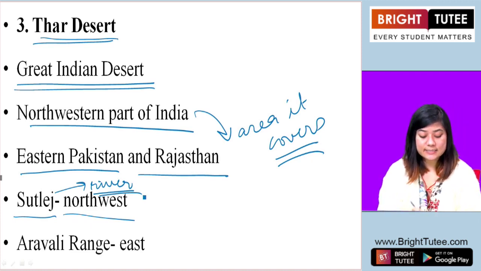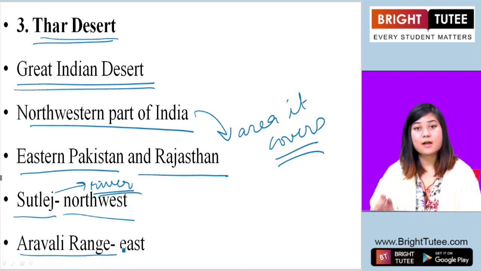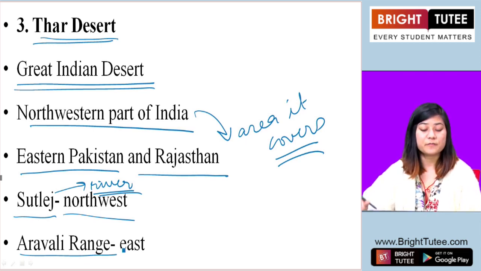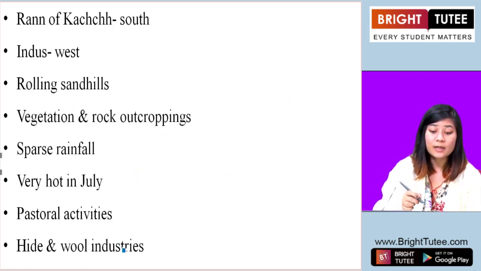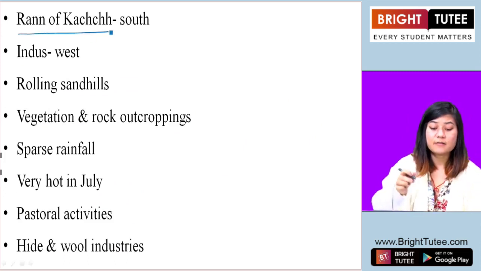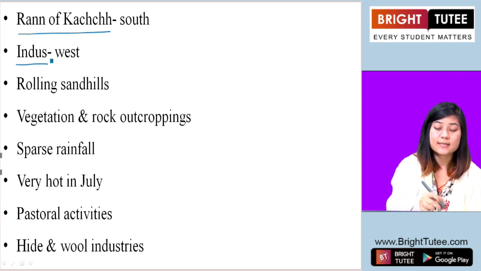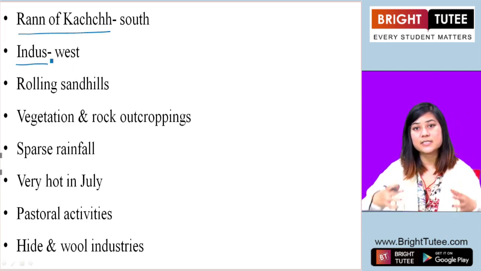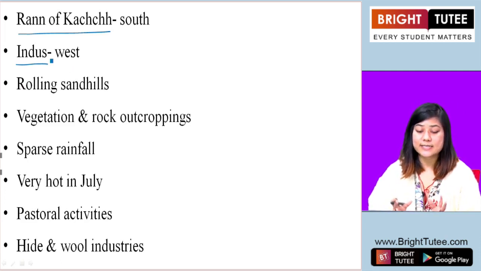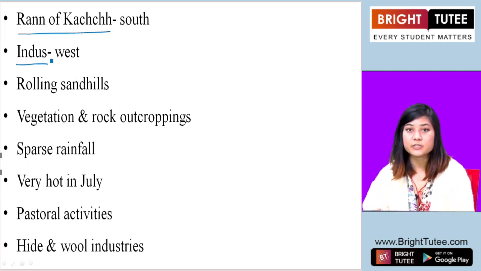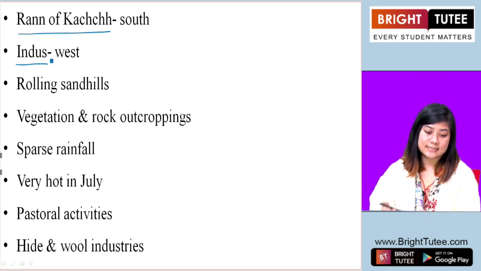And in the east, it is limited by the Aravalli Range, another range of hills which we will look at in the next section. And in the south, there is the Rann of Kutch, which is in Gujarat. And in the west is the Indus River. So you can see in the surrounding areas of the Thar Desert lie two rivers and two distinct landscapes. One is the Rann of Kutch and the other is the Aravalli Hills.